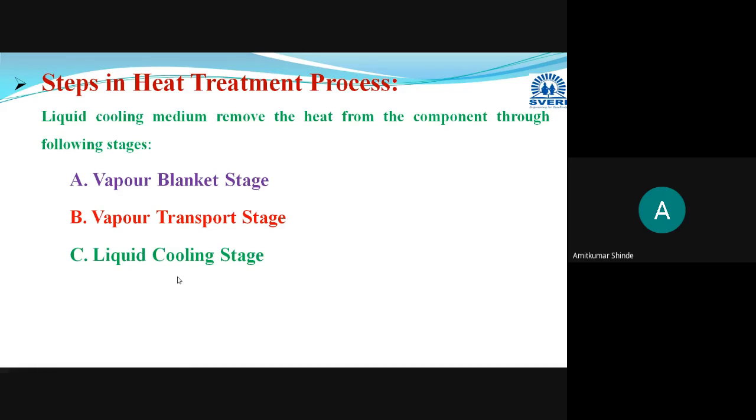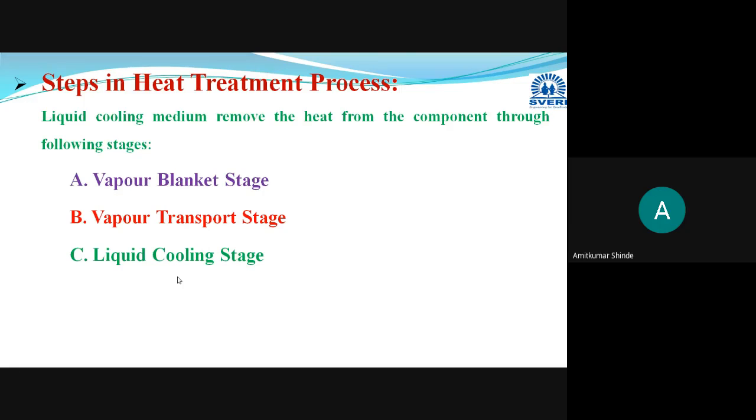As soon as you take the component from a higher temperature and cool it directly in cold water, vaporization of the cooling medium occurs, a vapor blanket forms around the component, and no extraction of heat occurs from the heated material.